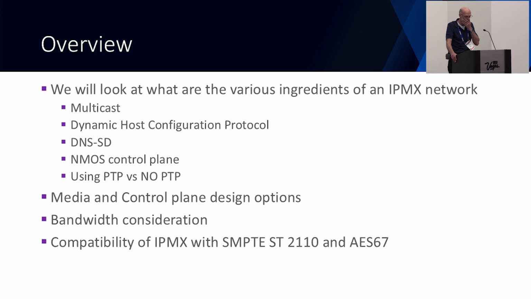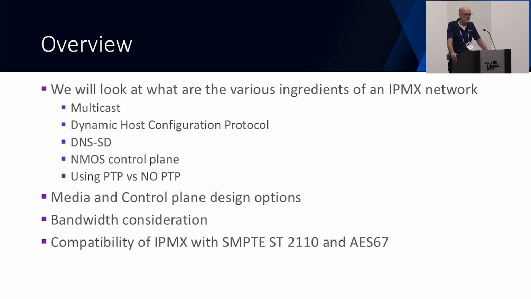All right, so we'll look at what the various ingredients in an IPMX network are. We'll look at things like multicast, Dynamic Host Configuration Protocol, DNS-SD, and the NMOS control plane a little bit. When to use PTP, when not to use PTP. We'll look a little bit at the media and control plane design options that we may have with IPMX.